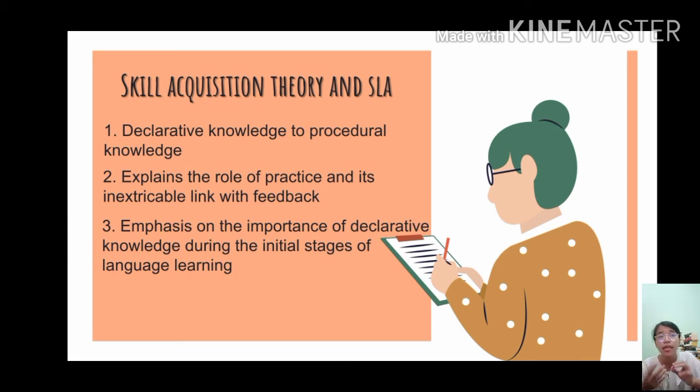But with skill acquisition theory, both procedural and declarative knowledge were given equal importance. And Johnson, in his work on language teaching and skill learning, argued that both declarative and procedural knowledge are part of language competence.